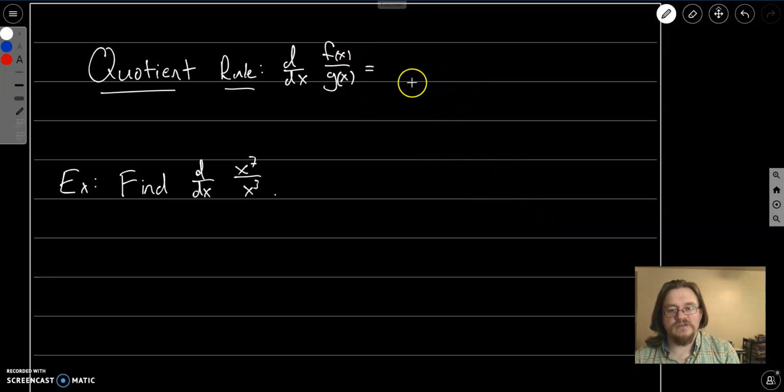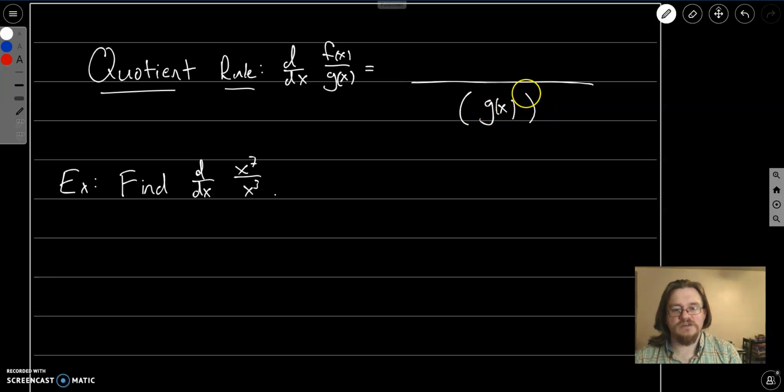What we get is another fraction. And the bottom of the fraction is the easiest to remember. It's going to be this function squared. And that's it. The top of the fraction is what's the messiest. And what I'll do is I'll try to do this in order. So we take the bottom of the function times the derivative of the top.